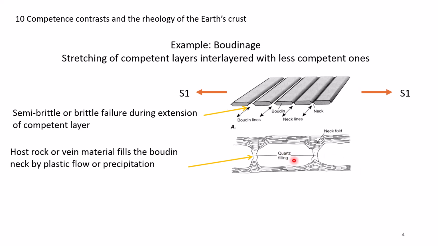This is potentially an economically important process because boudinage is a process that also can affect rocks at large scale. Imagine that these competent layers here are perhaps tens or hundreds of meters thick, and intense hydrothermal activity precipitates minerals here in these boudins, and we know that many commodities are deposited from hydrothermal fluids.